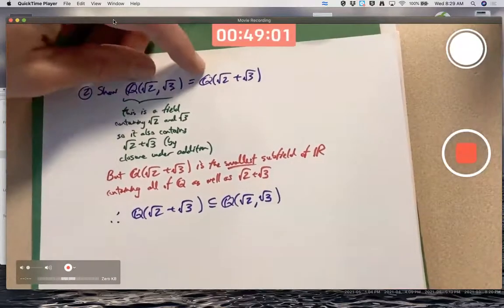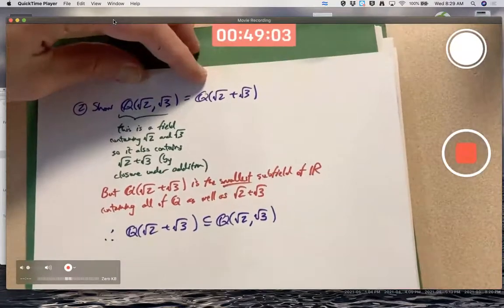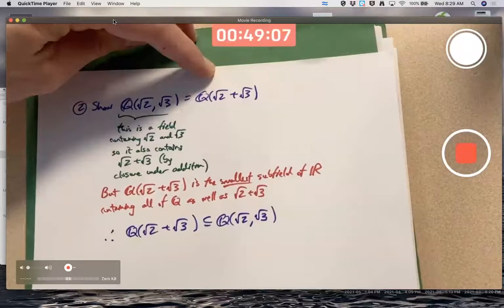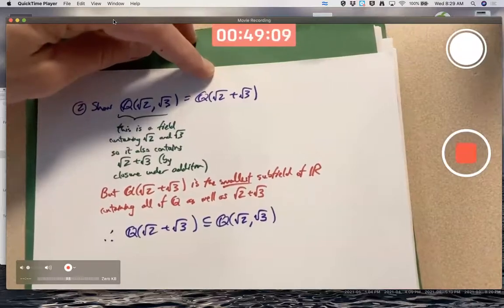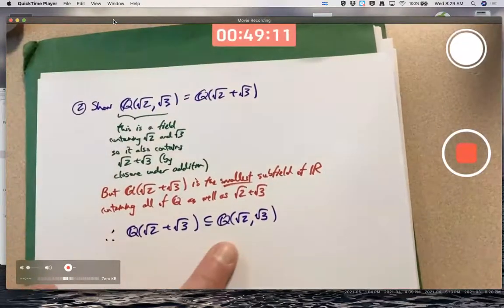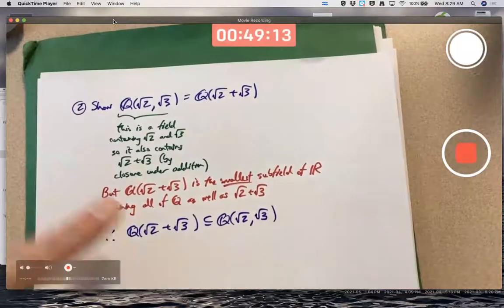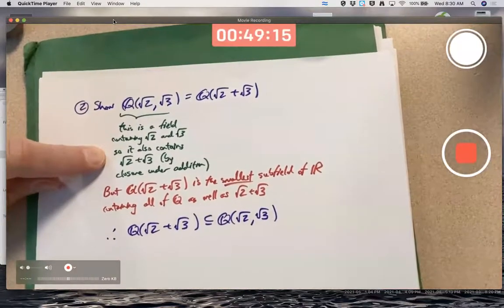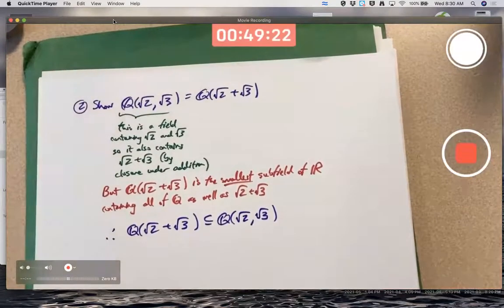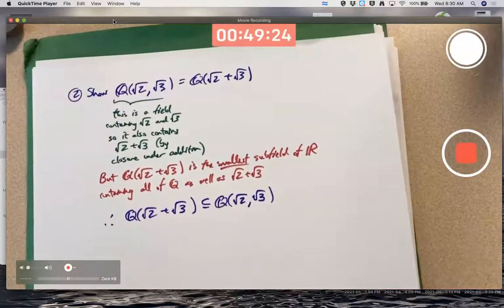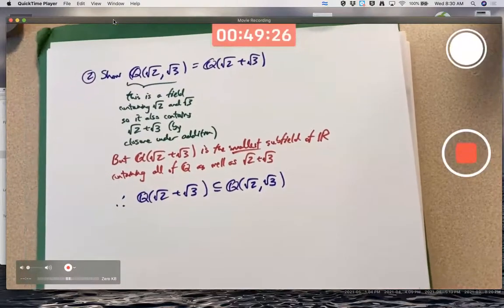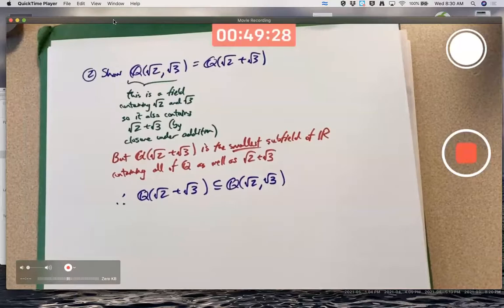We know by definition that this one contains Q and also root 2 plus root 3, and in fact, it's the smallest subfield of the reals that contains those. Being the smallest one means it's got to be a subset of the other one that contains root 2 plus root 3. That is the argument. In the big scheme of things, it's an easy argument, but it seems tricky at first.